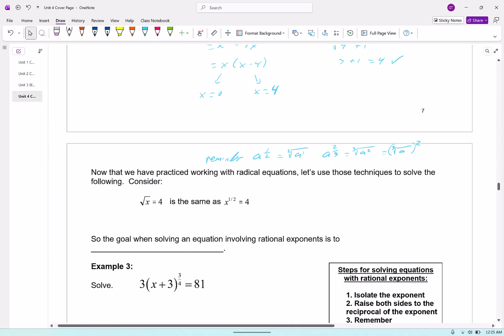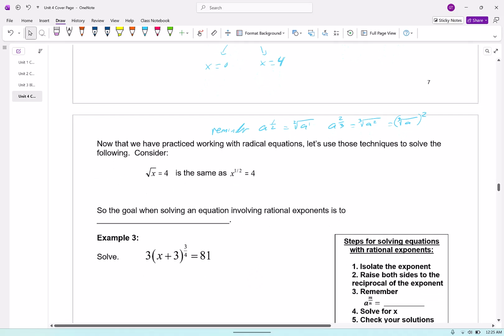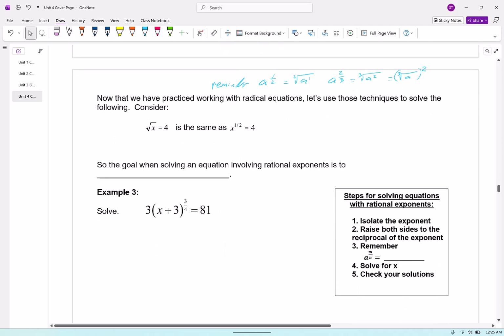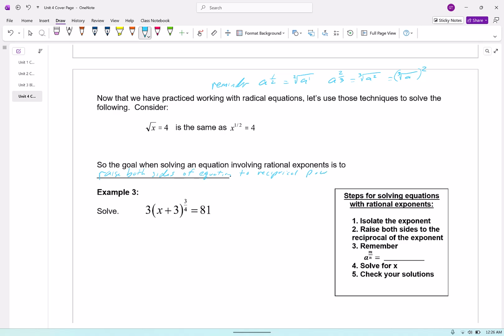Square root of x equals 4 is the same as x to the 1/4. All right, so the goal when solving an equation involving rational exponents is to raise both sides of the equation to the reciprocal power.